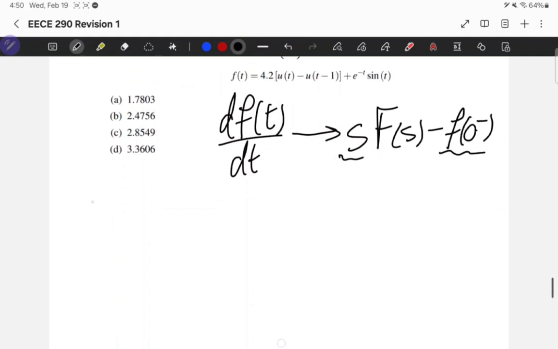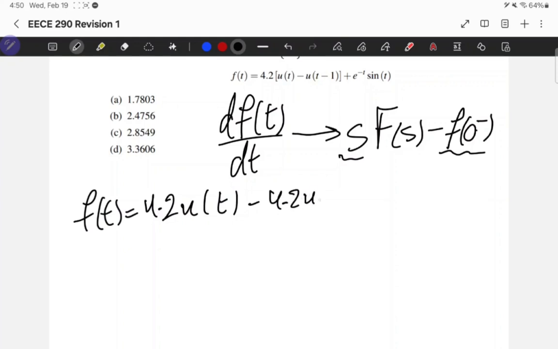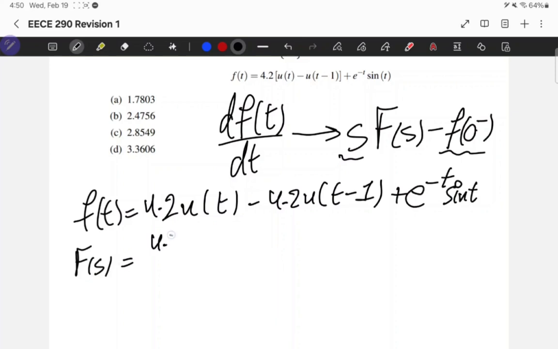The Laplace of f of t: f of t is equal to 4.2 u of t minus 4.2 u of t minus 1 plus exponential minus t sine t, and I need the Laplace of this. F of s is equal to 4.2 over s, u of t transforms to 1 over s, minus 4.2 over s exponential minus s.